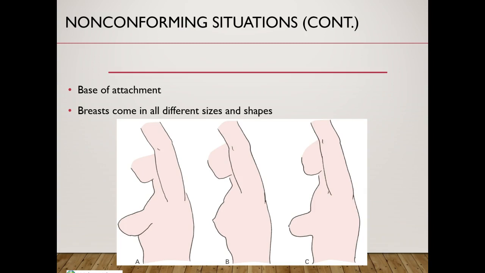But if you look at a patient like patient B, the base is very, very wide, very broad. And to really be able to move that breast into position is going to present with some challenges for the technologist. And often these are the shape of breasts where you have trouble getting all of that glandular tissue on.